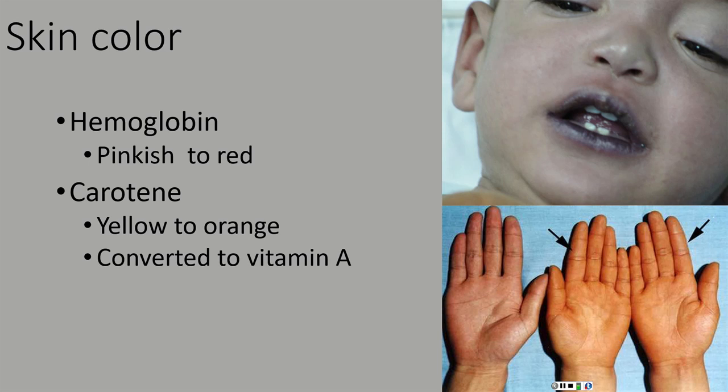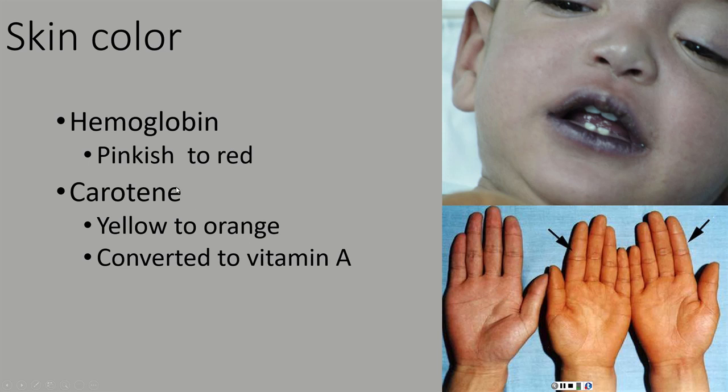So that kind of pinkish hue that's really prominent in people with pale skin, that's coming from hemoglobin in the blood. Well, remember, there's a lot of blood that passes through the skin. Not in the epidermis, but just beneath it, just deep to it, there's a lot of blood there. And that blood that's passing through can contribute to the skin color.